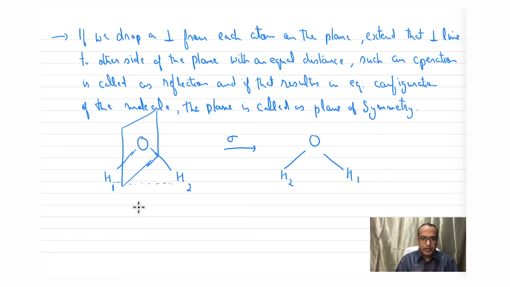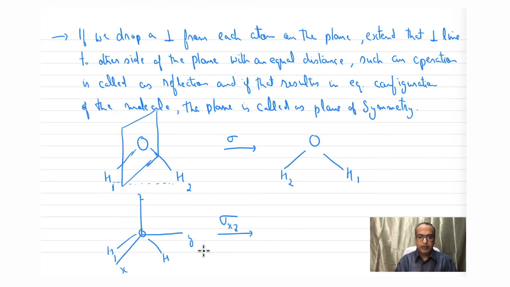If it is confusing to see the plane like this, let's draw it in the Cartesian system. X, Y, Z. Oxygen is lying on the origin. The two hydrogens are in which plane? The YZ plane, as we drew earlier. And now XZ is the plane of symmetry, sigma XZ.